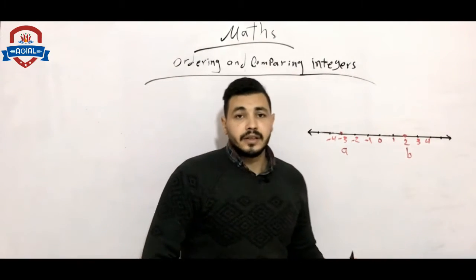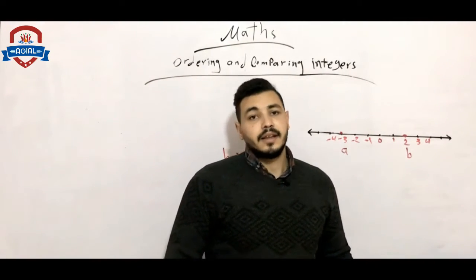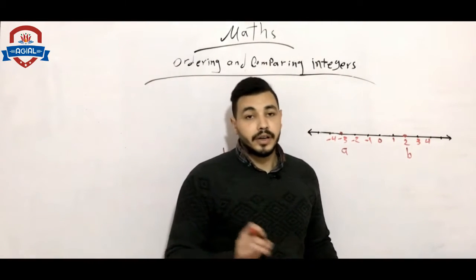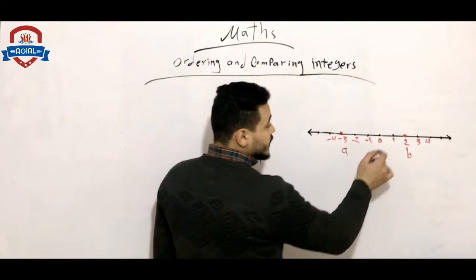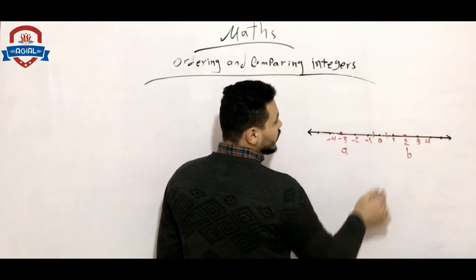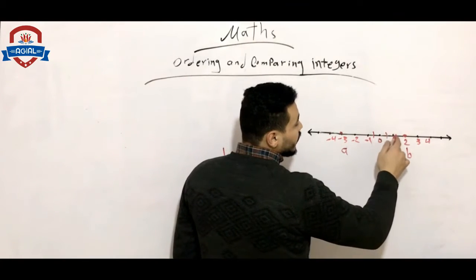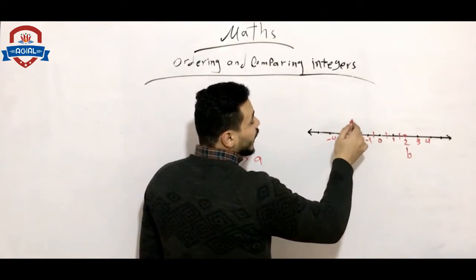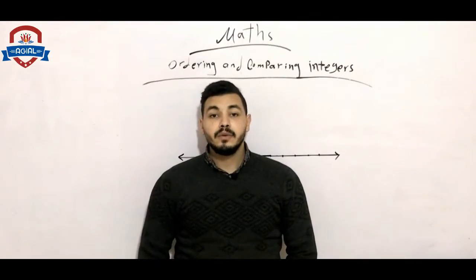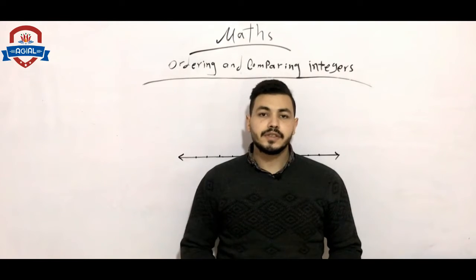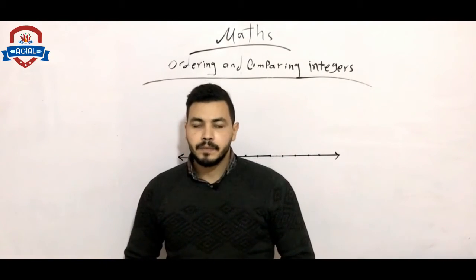And you had studied in our last lesson that the distance between each two numbers on the number line is equal. The distance between 0 and 1 equals the distance between 0 and -1, equals the distance between 1 and 2, equals the distance between -1 and -2. So now we conclude that the set of natural numbers and the set of integers are both ordered.